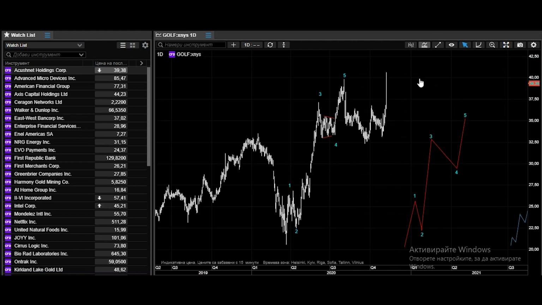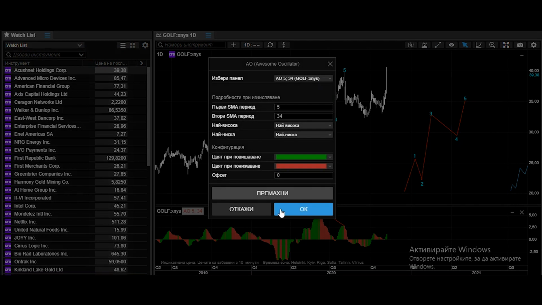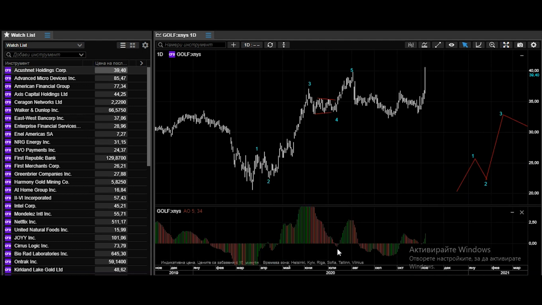The next indicator we will look at is the awesome oscillator. What we want to see is almost the same as with RSI. The peak of the third wave forms the highest peak in the indicator. Then the confirmation for the fourth wave is when the indicator goes below zero value.